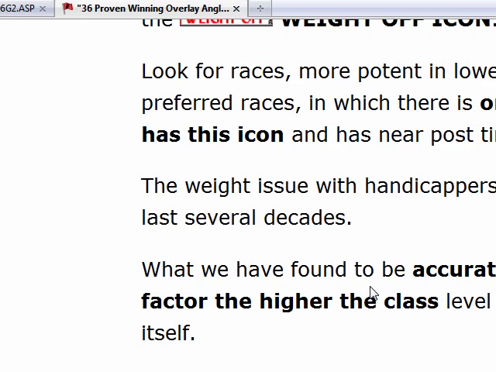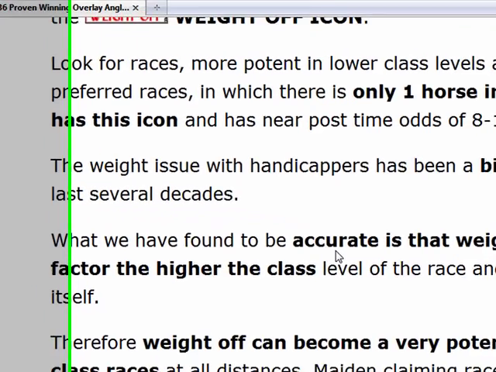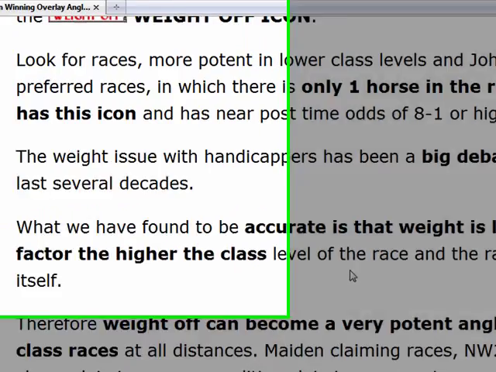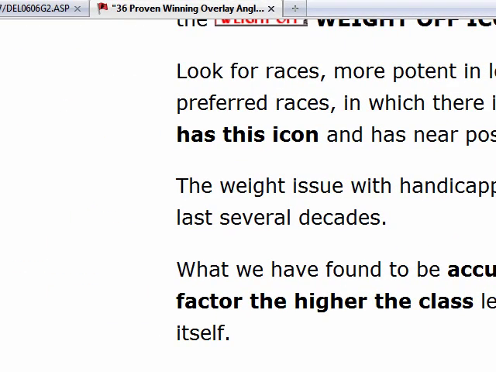What we have found to be accurate through my 17 years of research is that weight is less of a factor the higher the class level of the race and the racing circuit itself.